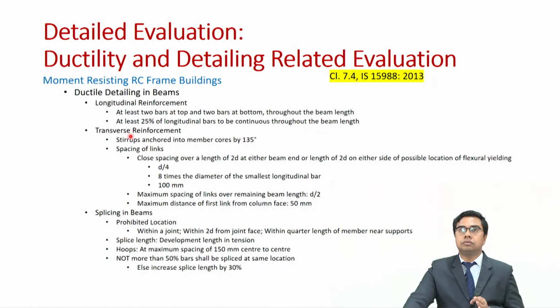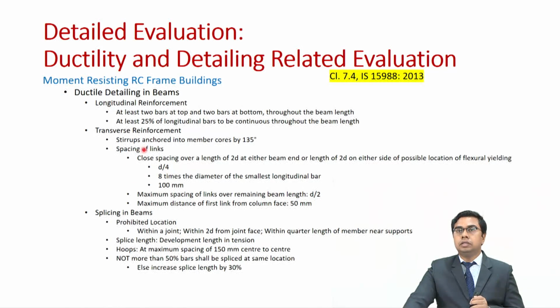Then related to transverse reinforcement, the stirrups should be anchored into member cores by 135 degree hooks. We have seen this in more detail in week 5 and 6 of the course. This gives very good confinement to the core concrete. The spacing of links also has similar specifications which are given in IS 13920.